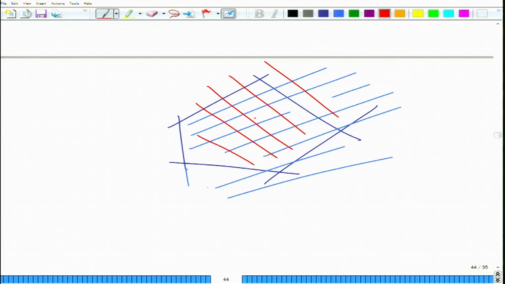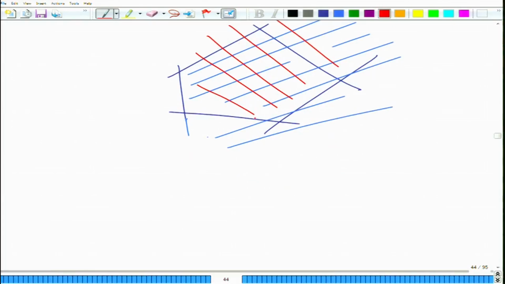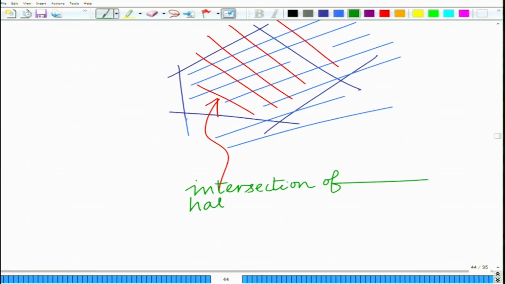Now if you look at the region that lies in the intersection of all these half spaces, you can also throw a hyperplane into that intersection of half spaces plus hyperplanes.